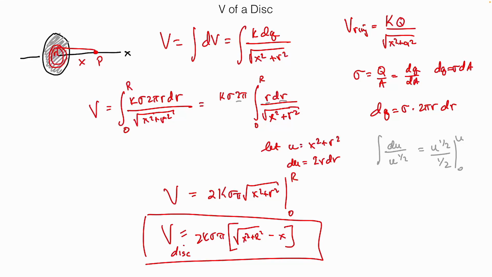Treat the sphere like a point charge, because we're outside only. kQ over R, we're done. Potentials are pretty straightforward, and there are no vector components to worry about, no symmetries to worry about, like which ones cancel this and that. It really is kind of a breath of fresh air.